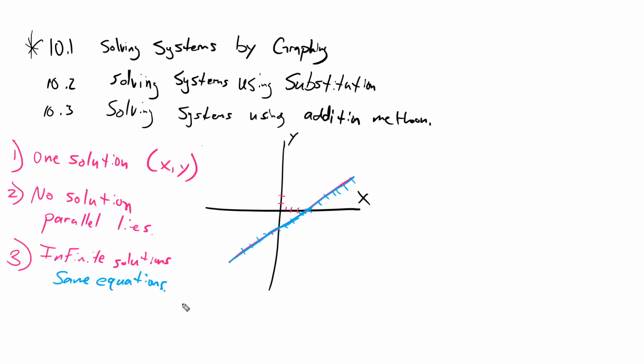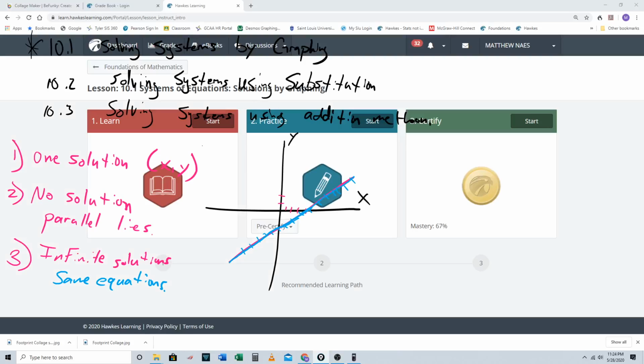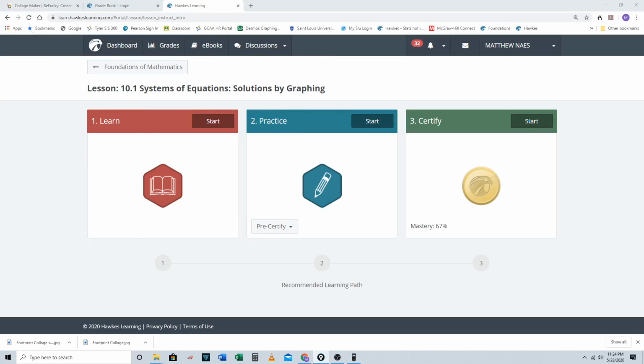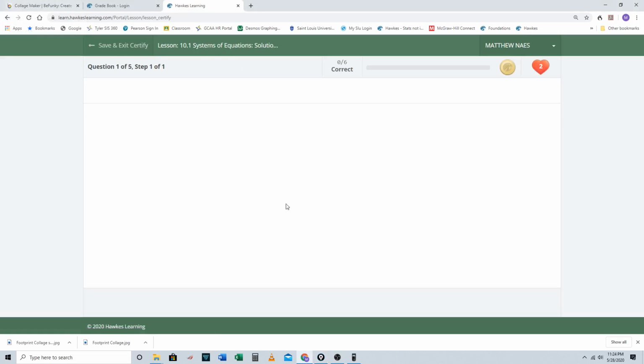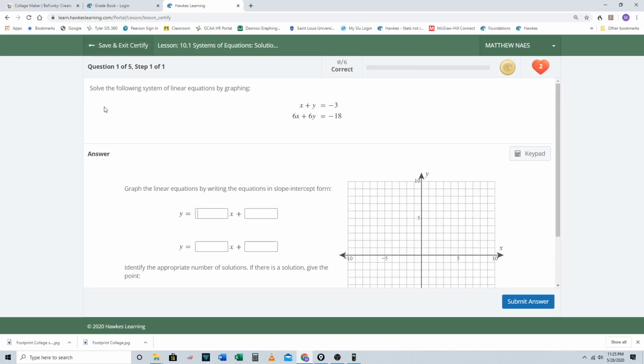All right, that's really the notes going to be for this. Most of the time, they're just going to ask you to graph these in a very specific way. So let's just look at what they want us to do. All right, let me clear this. So, number 1 here, again, there's only 6 questions here.